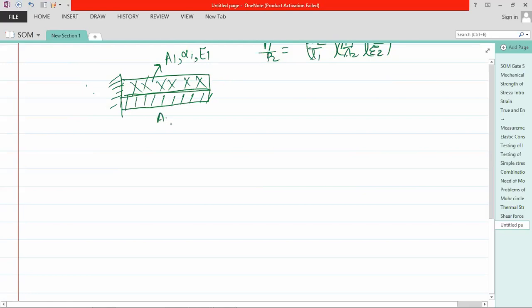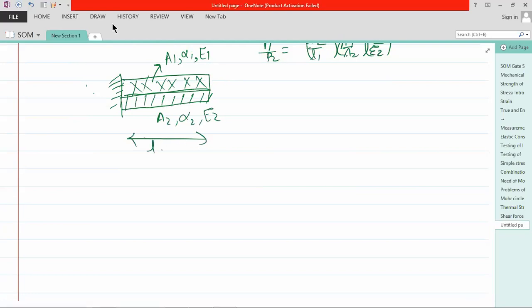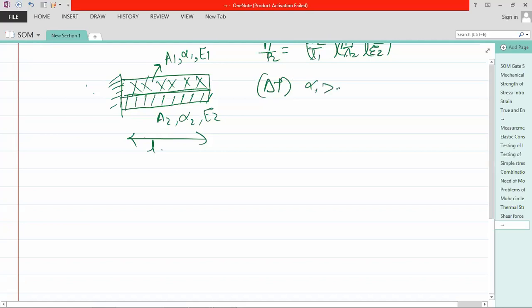The second has A2, alpha 2, E2, and it has length L. Here it is given that we increase the temperature by delta T, and suppose alpha 1 is greater than alpha 2. Now, what are the stresses in both the sections, or what is the total elongation?